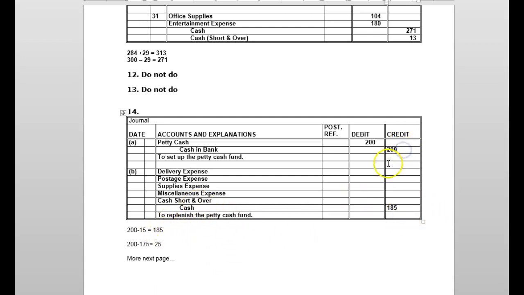I've got $200 here. I have my other entries here that come to a total of $175. Obviously, this is not in balance. I'm going to have to debit the short or over, which means in this case, I'm short the $10. Again, you're going to want to investigate why that happened, and that actually becomes like a loss in the petty cash. So that's kind of how you keep track of petty cash.